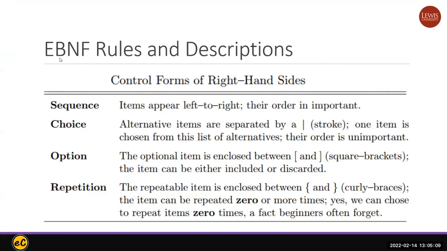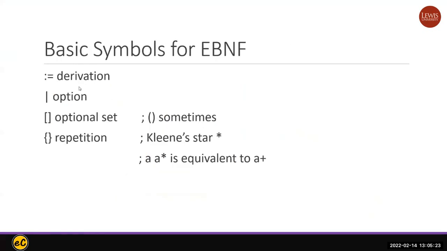So Backus normal form has sequence, choice, option, and repetition. Choice uses a bar, option uses brackets, repetition uses curly braces. So here are some forms that we use, and this will later be used in Python or different languages.